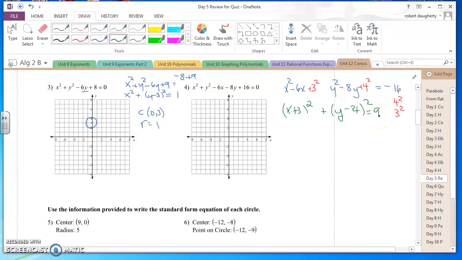So this is a circle that's centered at -3, 4, and the radius is 3. So it's centered at -3, 4, which is right here, and the radius is 3, so that's 1, 2, 3, so that's this circle right here. Okay.